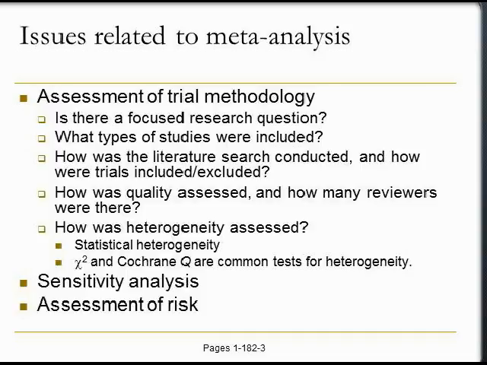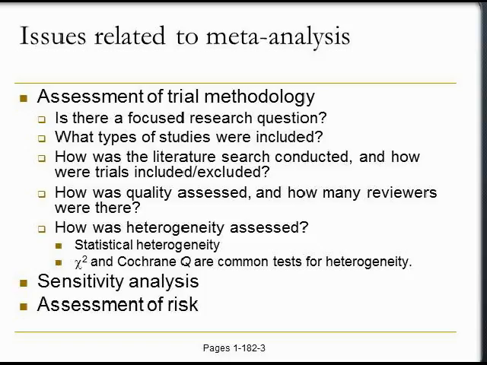So we need to ask if there's a focused research question or if it's a fishing expedition. We need to look at what types of studies were included. How were they included, excluded? How was the quality of those papers assessed? And were there multiple reviewers for each of the studies? How was statistical heterogeneity assessed?